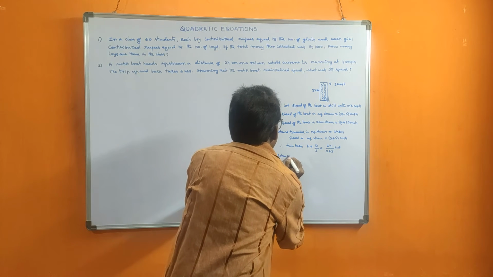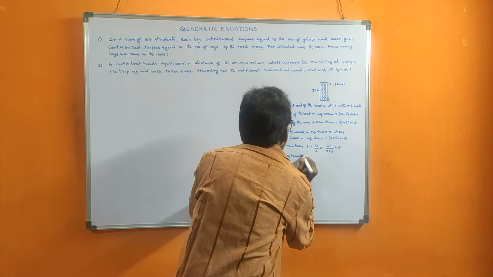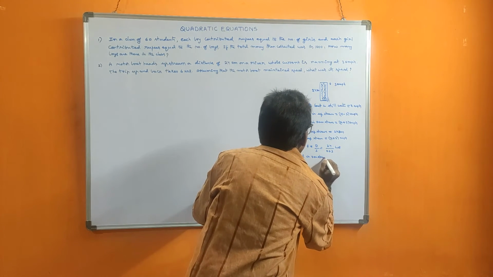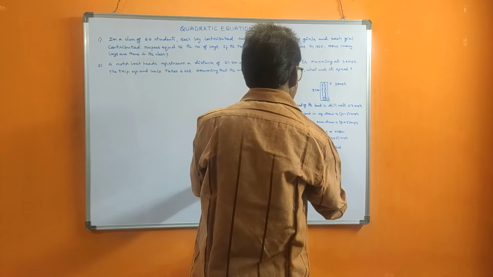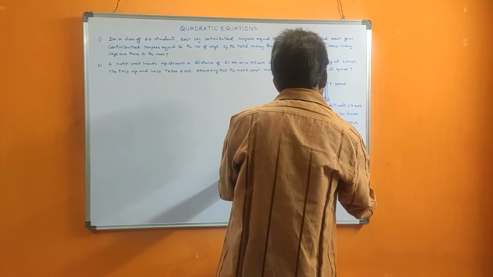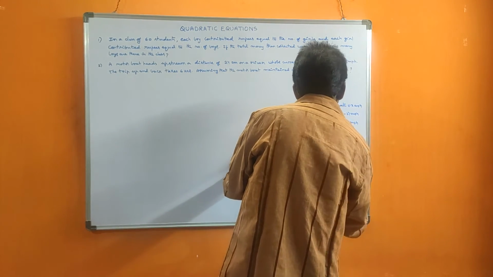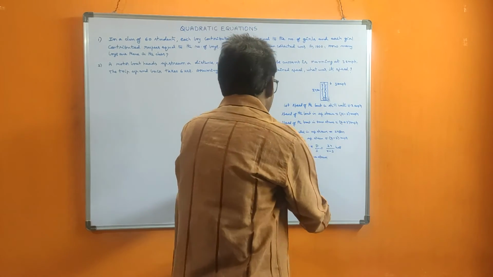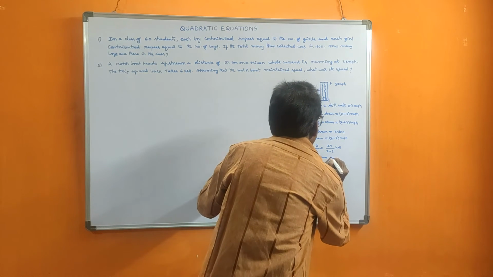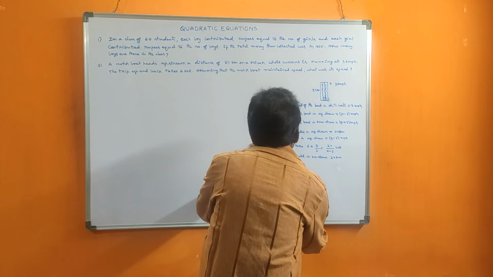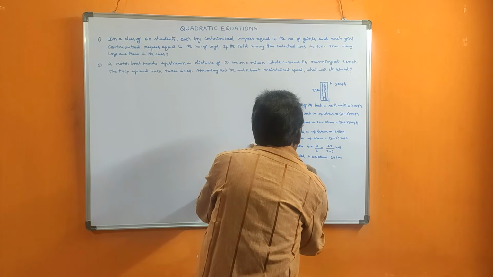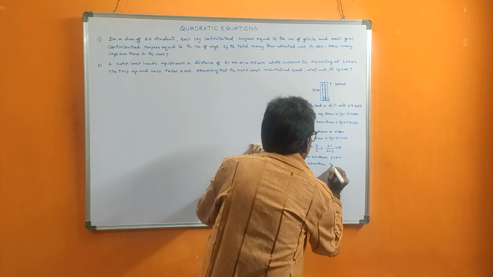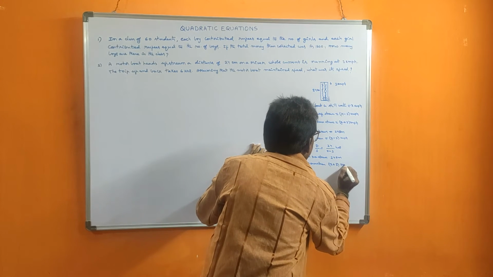Distance travelled in downstream is also 24 kilometers, so speed in downstream is x plus 3 kmph.